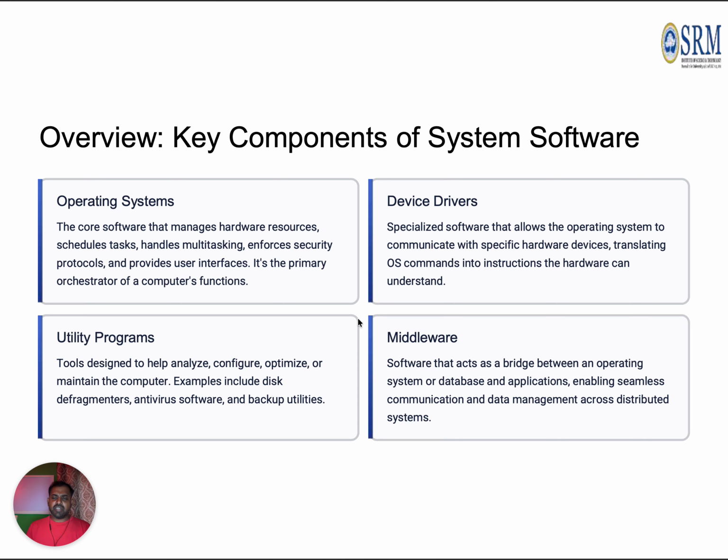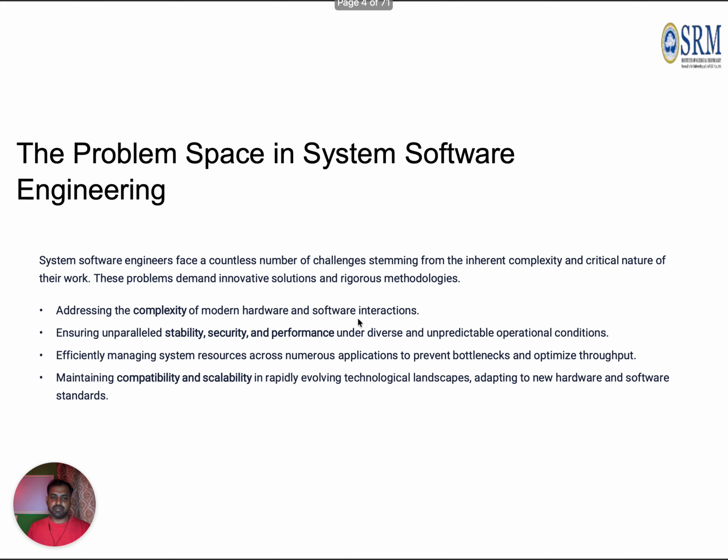And sometimes we can consider middleware a kind of mixed term. It is not actually a system software, but a kind of software that acts as a bridge between the OS and the other systems.